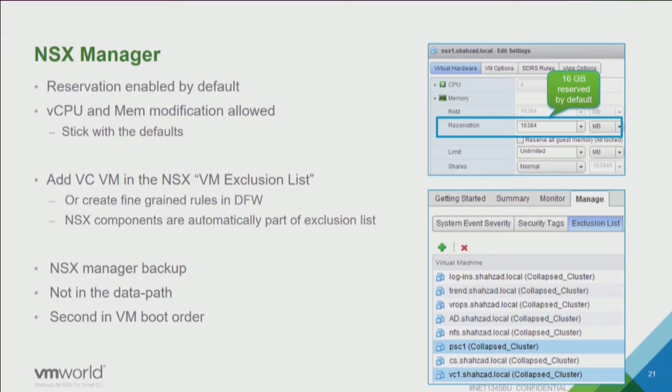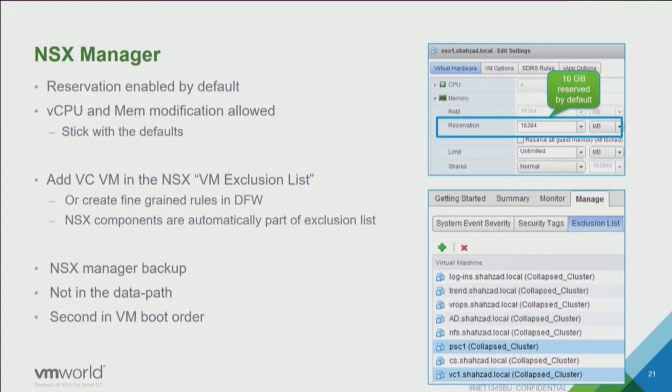It's important to understand what reservations are at a vSphere level. Reservations are memory or CPU that is specifically set aside for particular virtual machines, and it removes those resources from the aggregate pool that your other virtual machines can draw from.